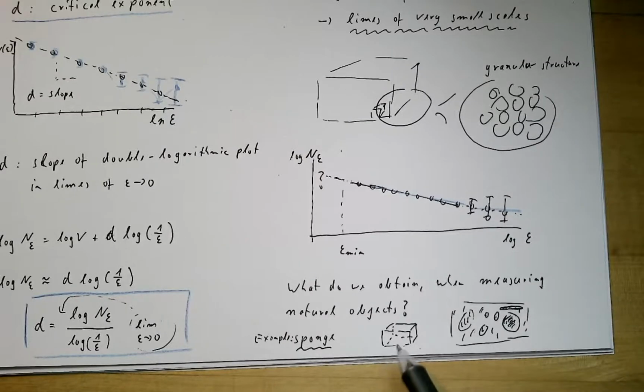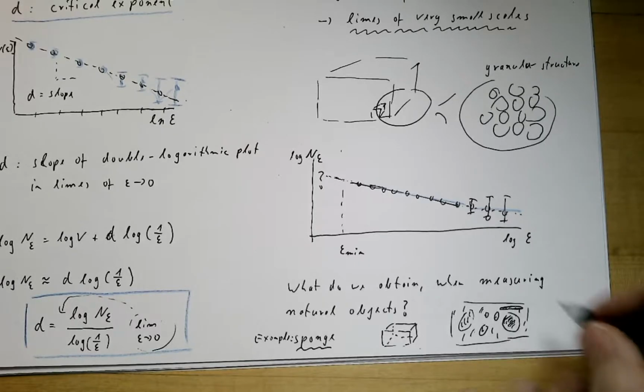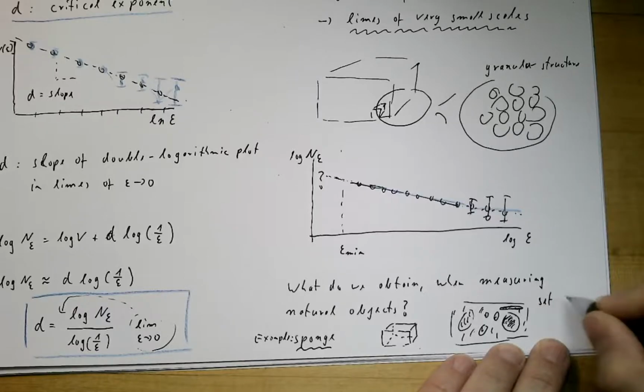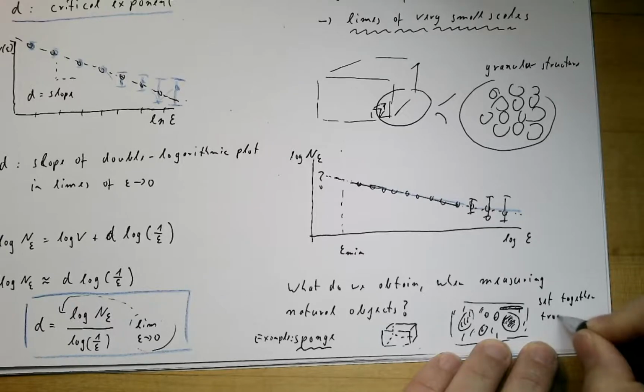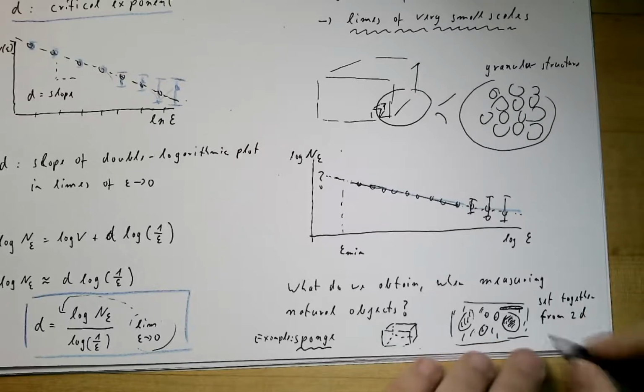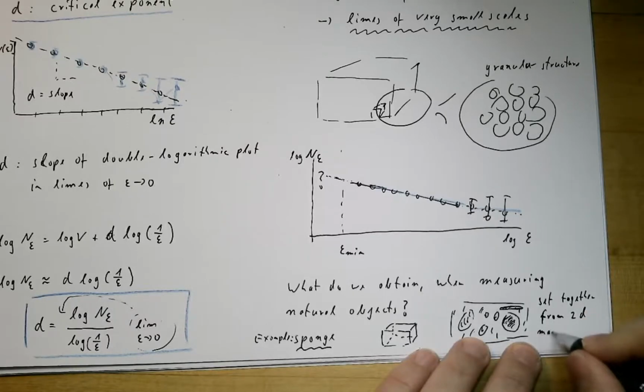So actually, what then is the dimension of such an object? Is this rather a three-dimensional object? Or if you look at the microscopic structure, is this maybe an object which is put together from 2D manifolds?